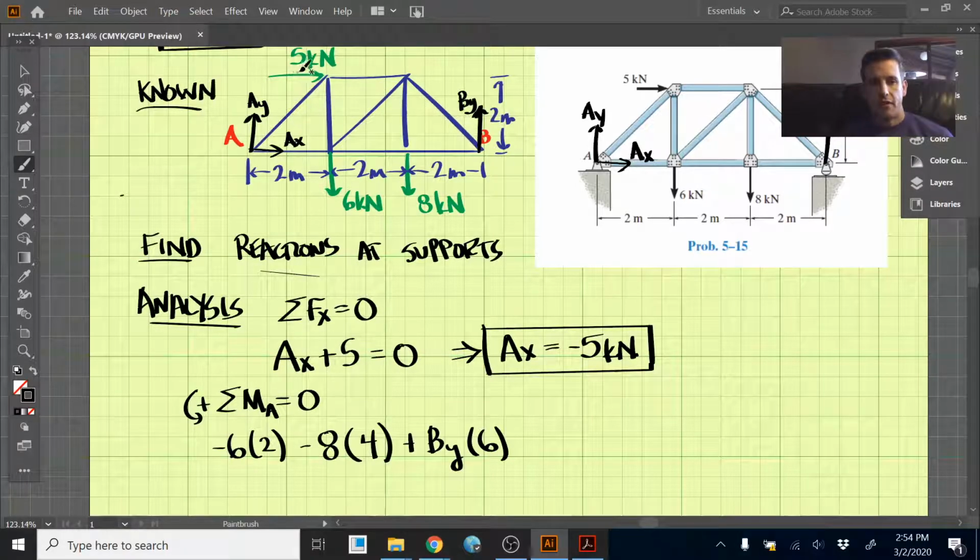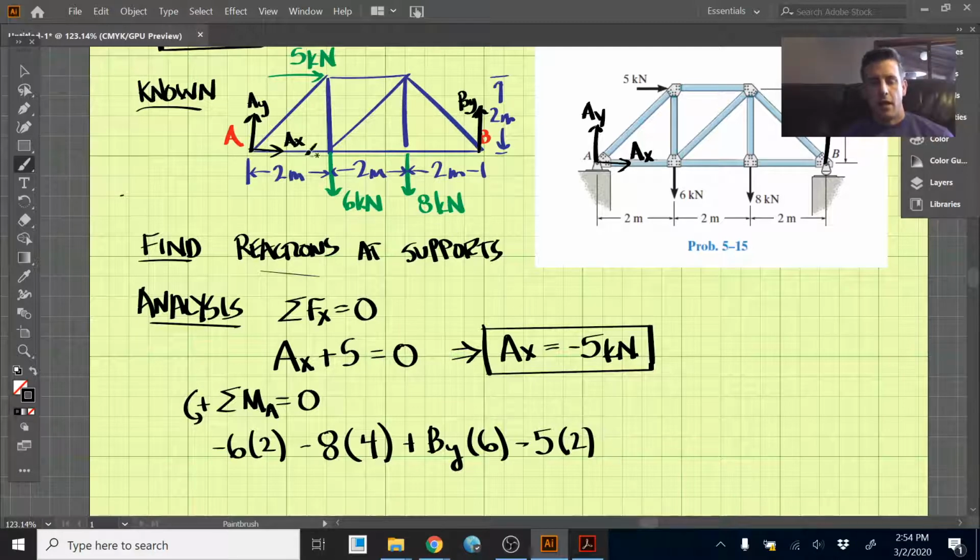This 5 kilonewton force is going to create a clockwise moment here. So that's going to be 5. And the perpendicular distance, the force is pointed to the right here, so the perpendicular distance is actually this vertical distance here, which is given on our diagram as 2 meters.